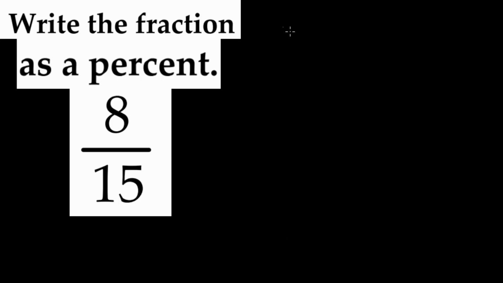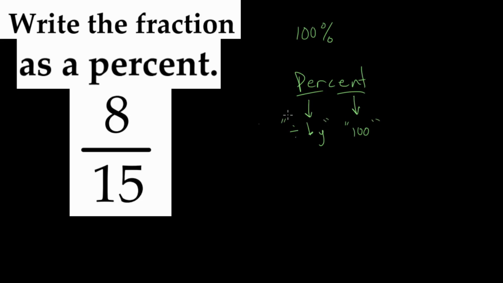Remember that with percents, let's say we have 100%, this symbol here, percent, just means divide by 100. Per is the word we use for division by. Think miles per hour. You divide miles by hours to get miles per hour. And cent is the word for 100. So when you see percent, you can think this literally means divide by 100.